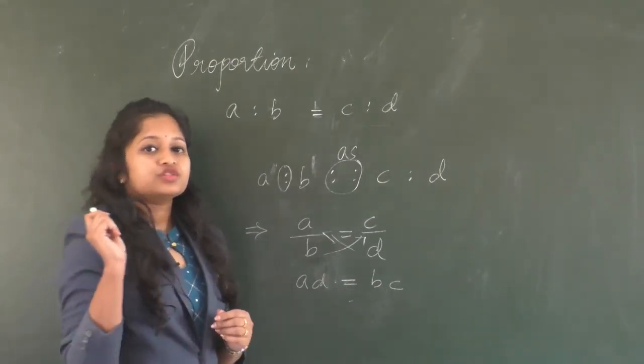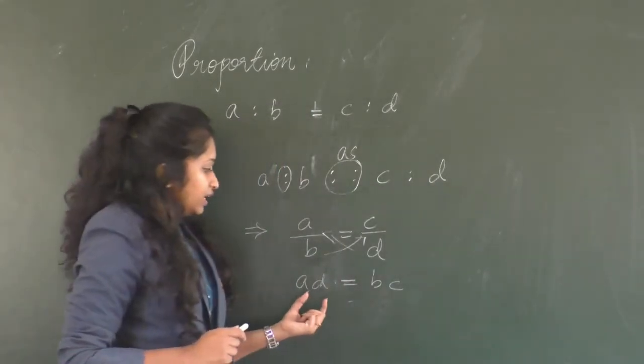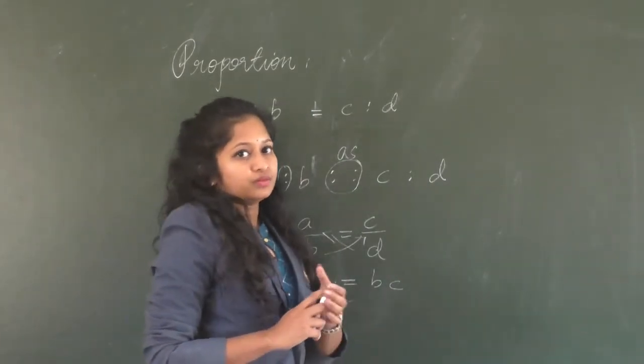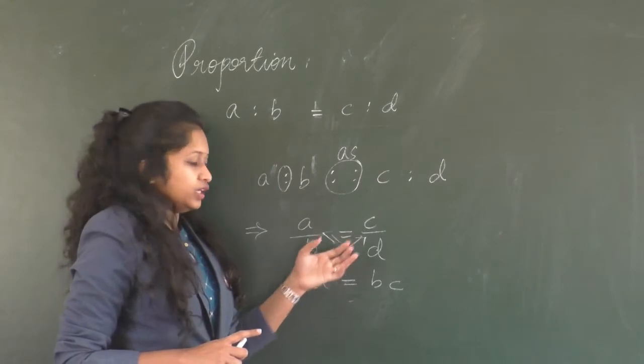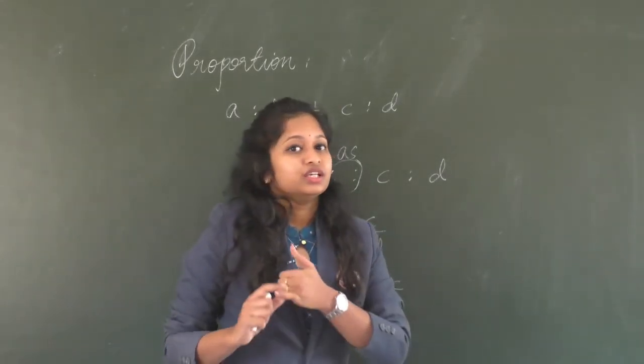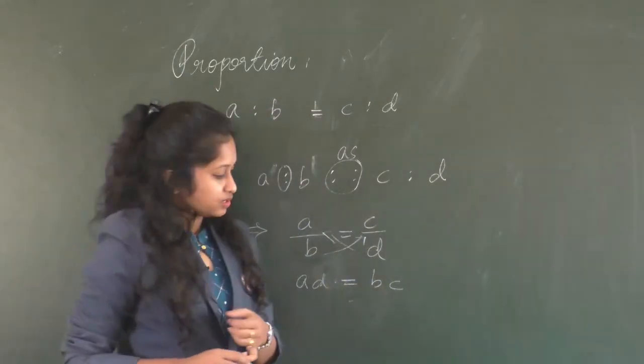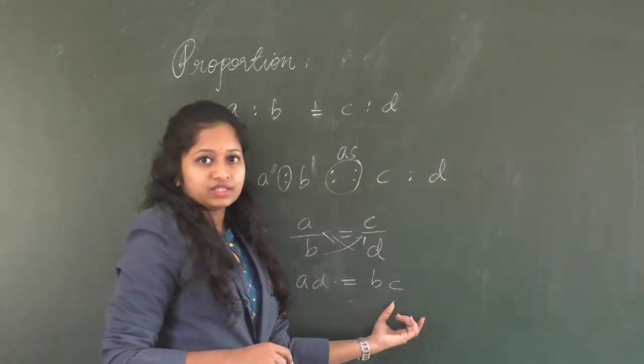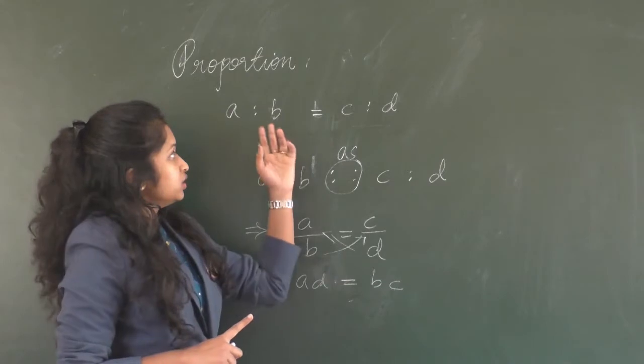So, in the case of fractions, when AD is equal to BC, A by B equal to C by D. So, similarly, when it comes to ratios, when AD is equal to BC, we can tell that two ratios are equal.